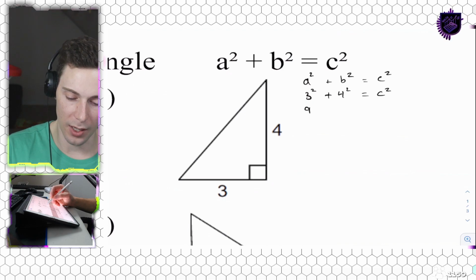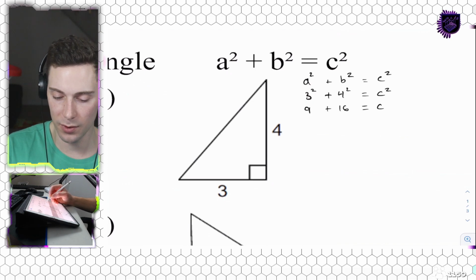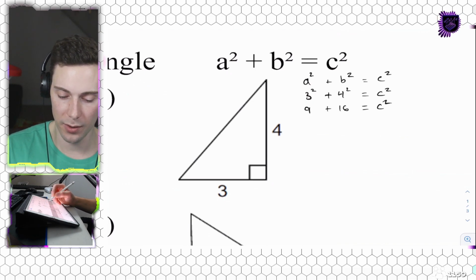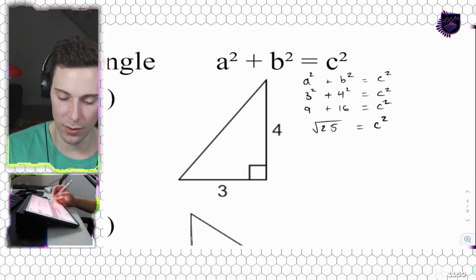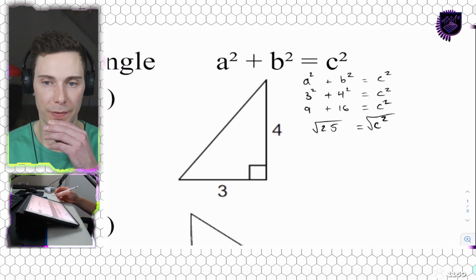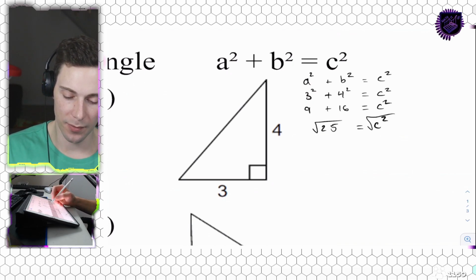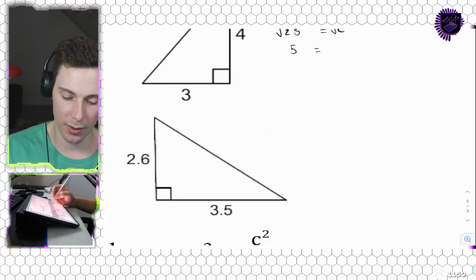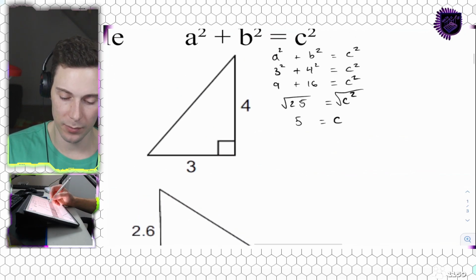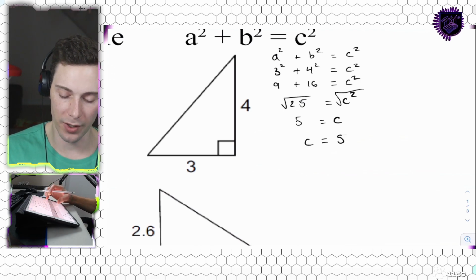So this is going to be 9 plus 16 is equal to C squared. 25 is equal to C squared. We can do the square root of both of these numbers. The square root of 25 is going to be 5, and on the opposite side of our equation, it's going to be C. So C, which is our hypotenuse, will be a length of 5.